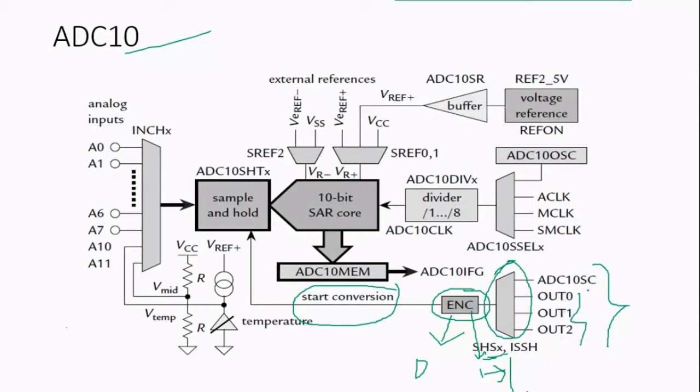These 3 are indirectly connected with the timers. Out 0 is connected with timer 1, out 1 is connected with timer 1, out 2 is connected with timer 2. In this way we can connect the 3 signals: out 0, out 1 and out 2.